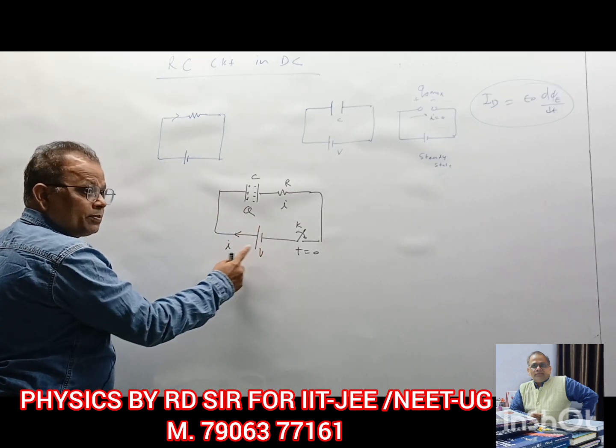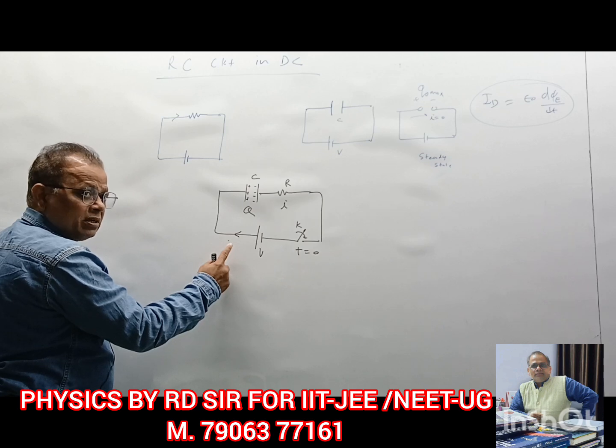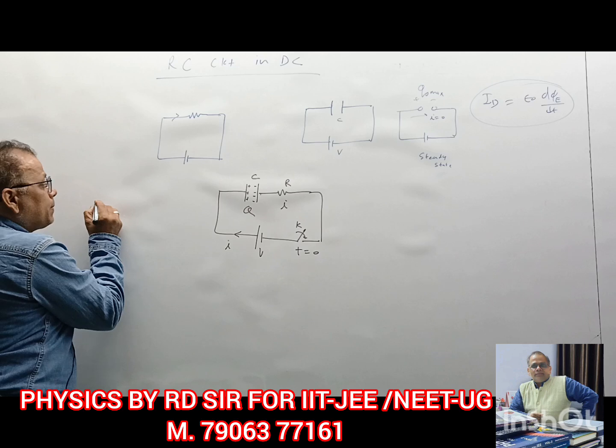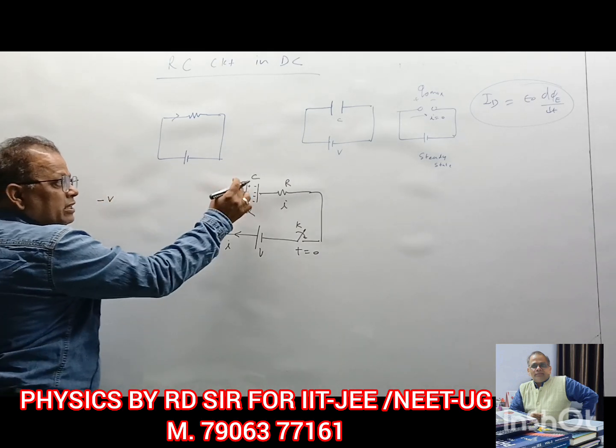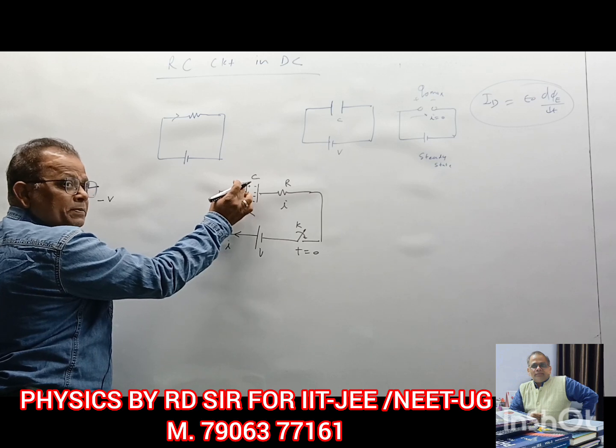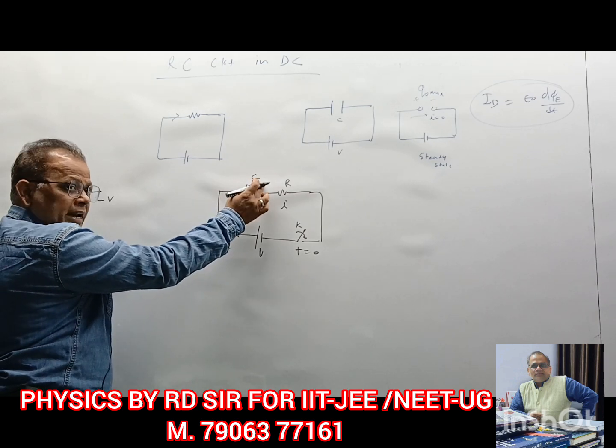How do we use Kirchhoff's voltage law? By taking the sign convention I have already discussed in class. If we move from minus to plus, the potential difference is minus V, as this is the positive terminal, so this capacitor plate will be positive and the other negative.